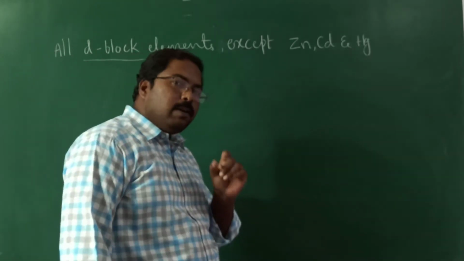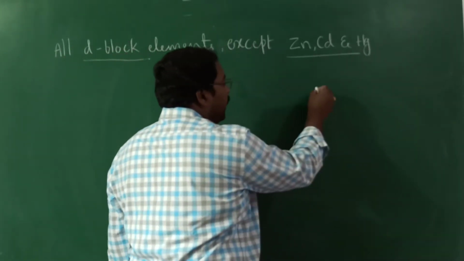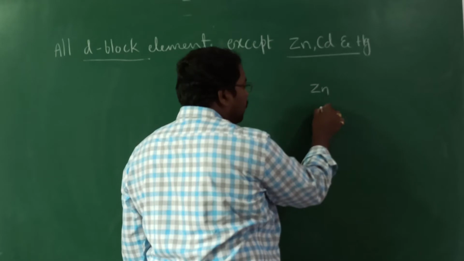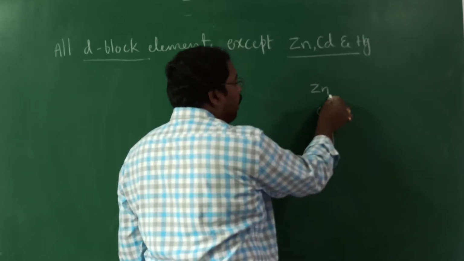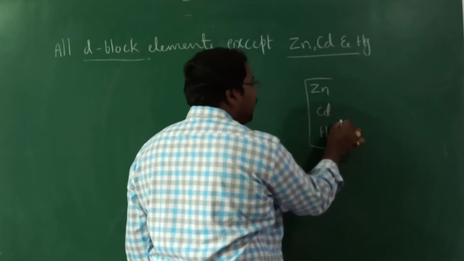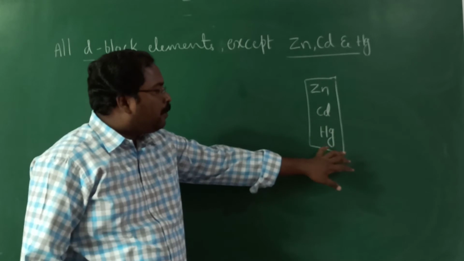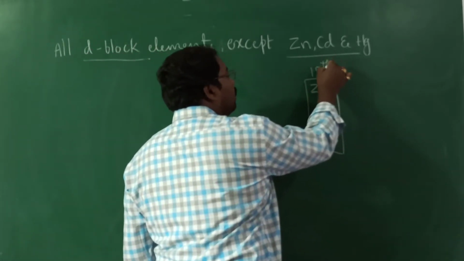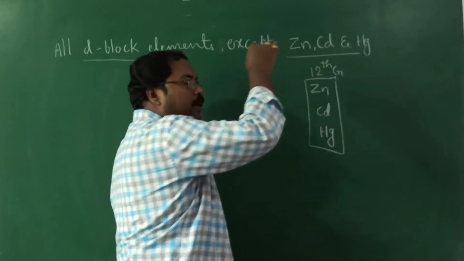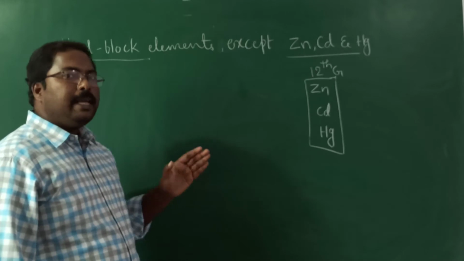Once look at the periodic table. If you observe the periodic table, zinc, cadmium as well as mercury, all these three elements are present in one group. Zinc, cadmium, mercury belong to the same group. It is the 12th group. Once observe the periodic table clearly, then you will get clarity.